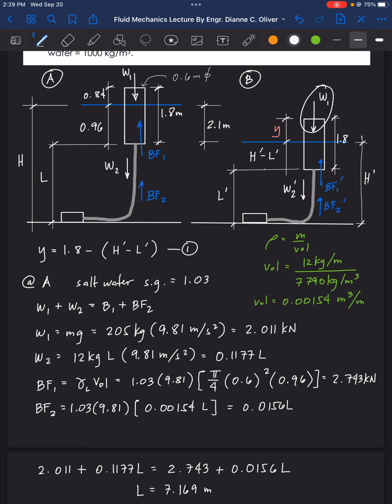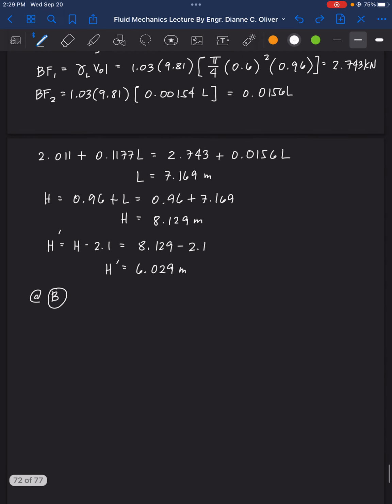So we have W1 plus W2 prime minus BF1 prime minus BF2 prime. So that will be W1 plus W2 prime, that is equal to BF1 prime plus BF2 prime.